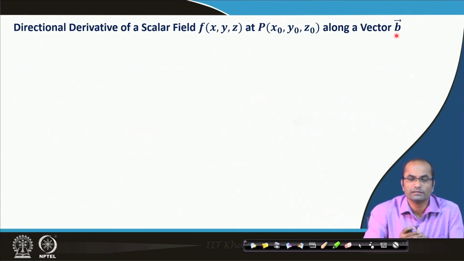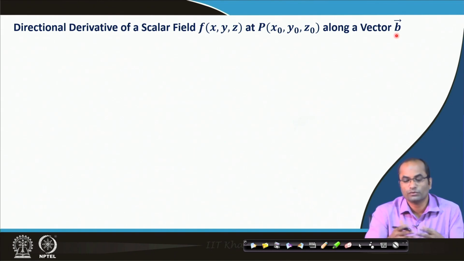We have already studied derivatives, mainly the partial derivatives in the direction of x, with respect to y, and with respect to z. But if we want the derivative of a function in a given direction, not in the standard directions x y z, then how do we compute that?